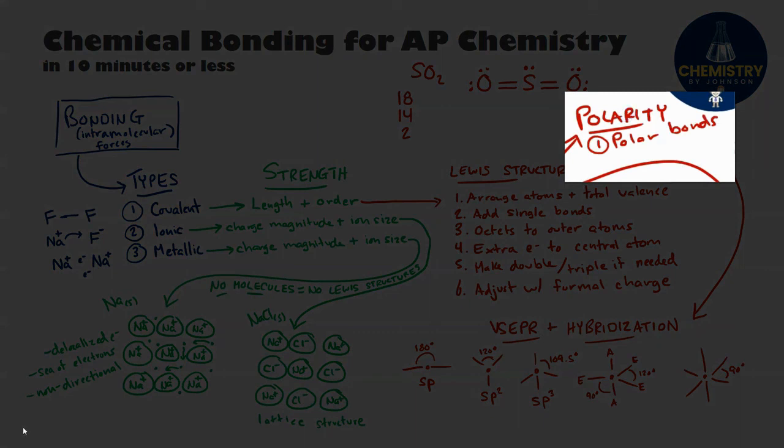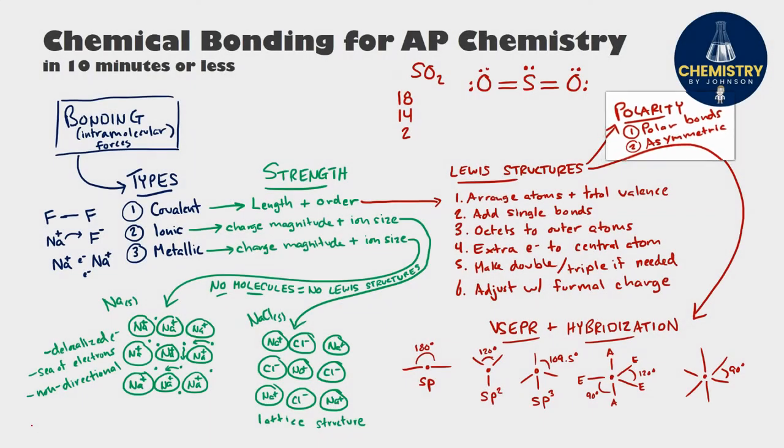First, check to see if the molecule has polar bonds, and then check to see if those polar bonds have an asymmetric arrangement. If both of those things are true, then your molecule has a net dipole and will be polar. Lastly, you can also spot resonance structures here if you've got double or triple bonds that can be moved to different equivalent positions within the molecule.